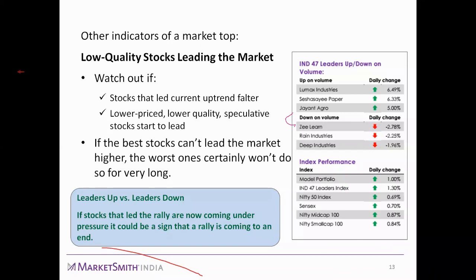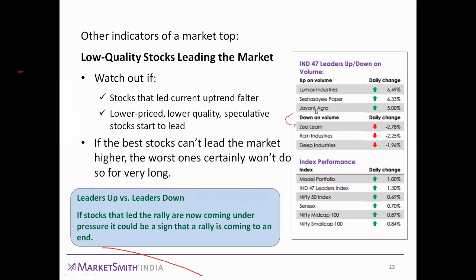So in up on volume, you have Lumex Industries. In this particular chart, you have these three industries going up as a daily change, and these are the stocks from our IND 47 list, which consists of the top 47 stocks in the Indian markets based on our parameters, the screening criteria. It's an algo chart generated using computers, and there is no human interference in this chart.